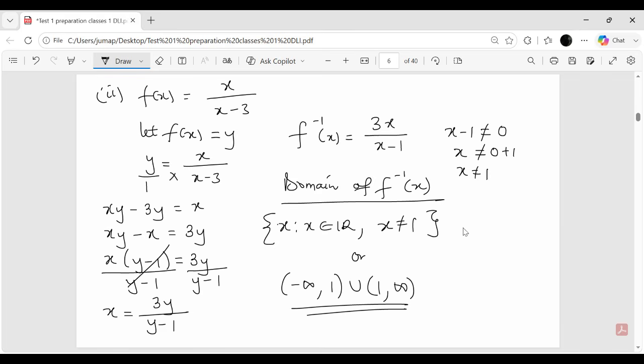So this is set builder notation, and then this is interval notation. So 1 is not part of the solution. Okay, we continue.